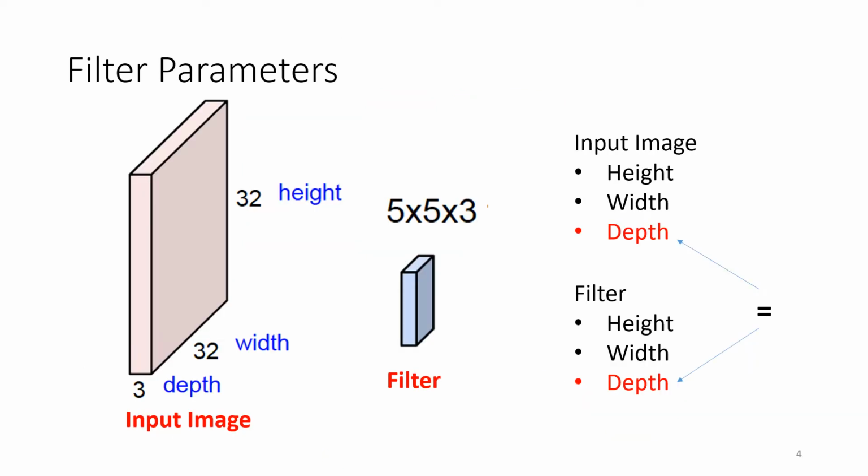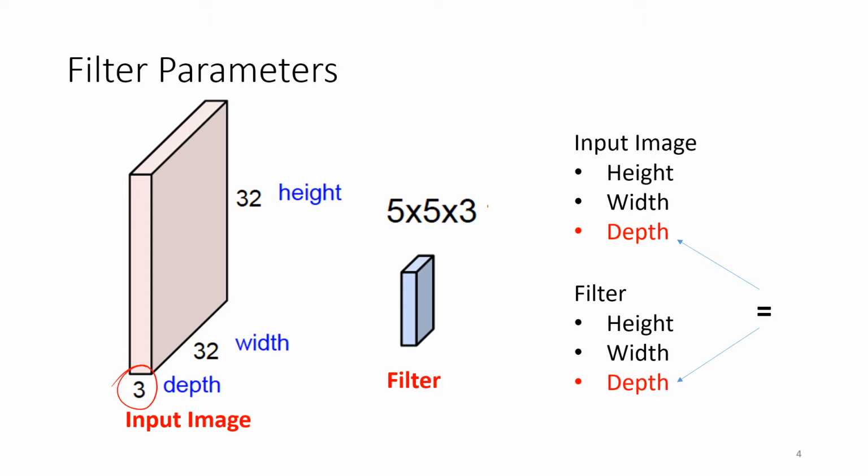So let's see different parts of a convolutional layer. We'll start with filter parameters. In this example, let's say we have 32 by 32 images with 3 channels because we have color images. A filter is a set of parameters with the size of a small patch of the image.